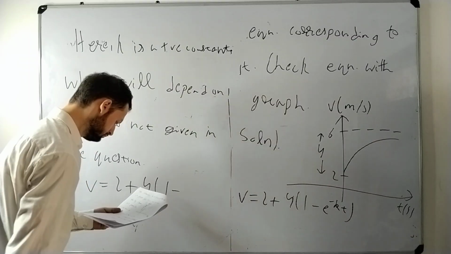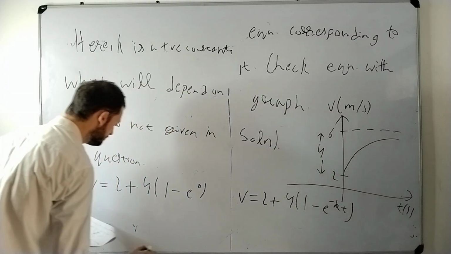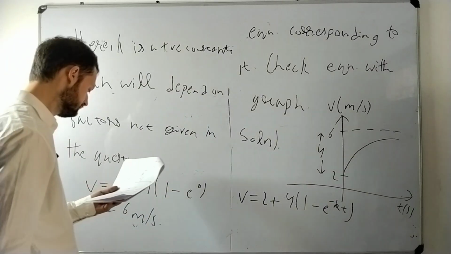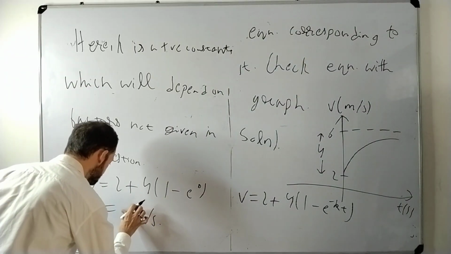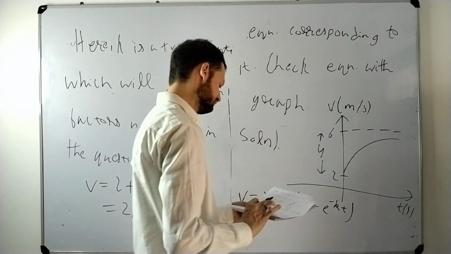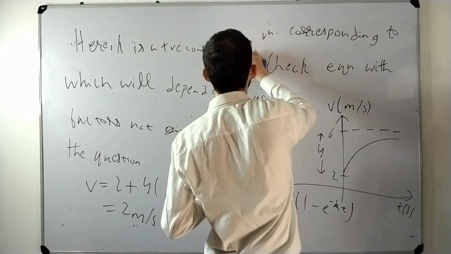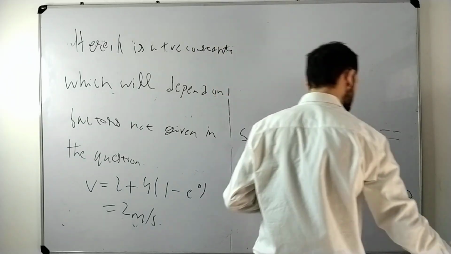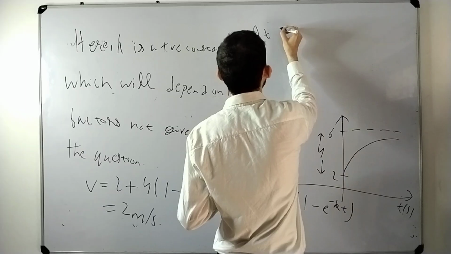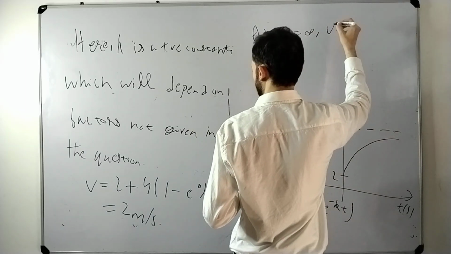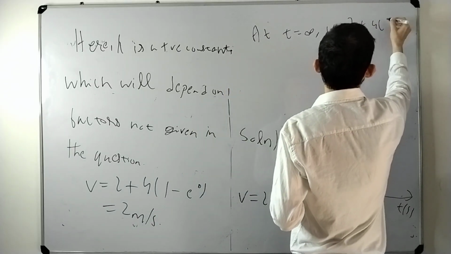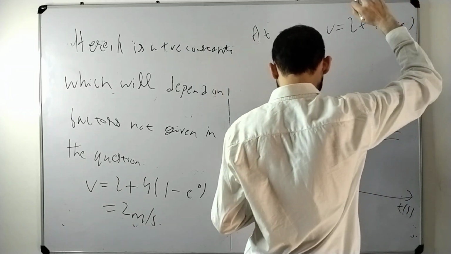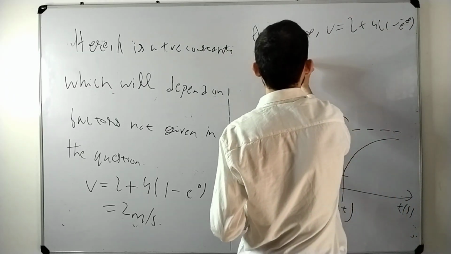At t equals 0, V equals 2 plus 4 times e to the power 0, which gives 2 meter per second. And at t equal to infinity, V becomes 6: 2 plus 4 times (1 minus e to the power minus infinity), this becomes 6 meter per second.